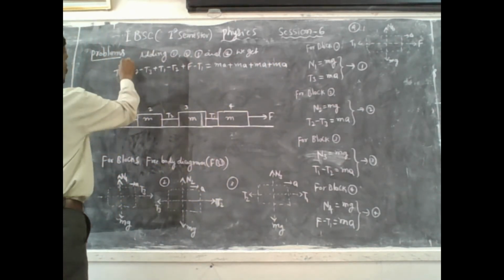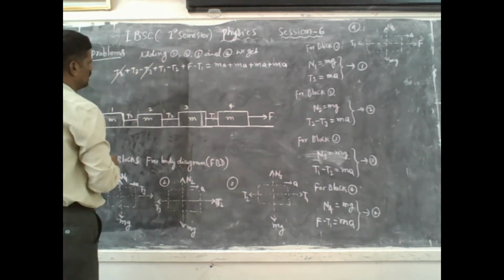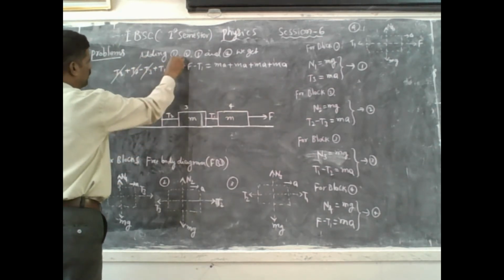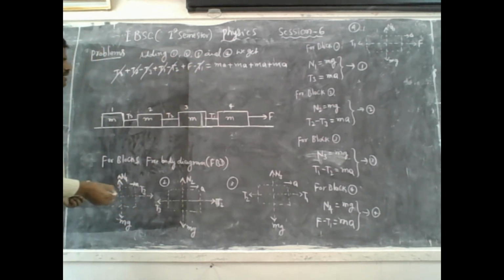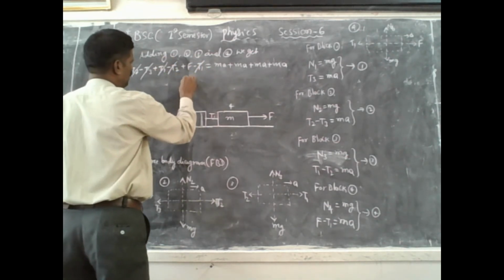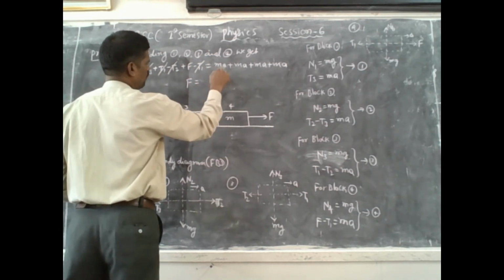So here T3 gets cancelled and T2 gets cancelled and T1 gets cancelled. What is the remaining? F equals 4MA.